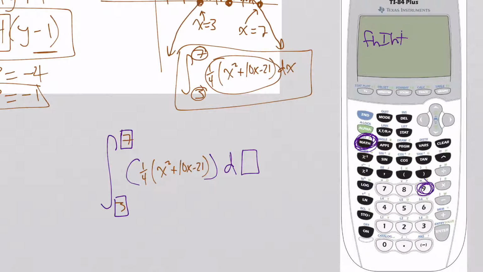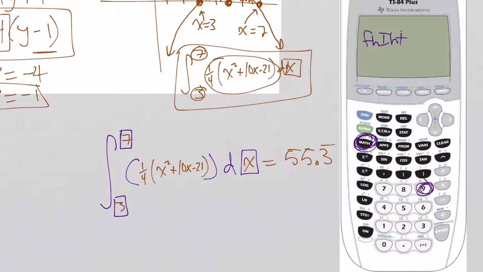And then in that last box, we need that x, dx, telling it the variable we're using. So if you type it in like that and hit enter, you will get your answer of 55.3 repeating. And that is the area between the graph and the x-axis. So you have it. You're finished.